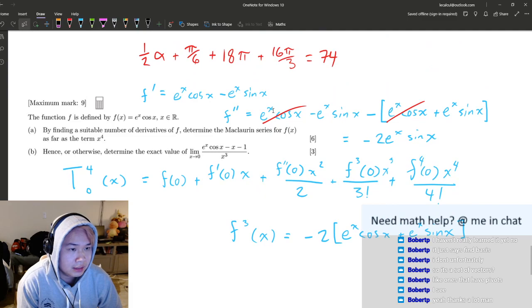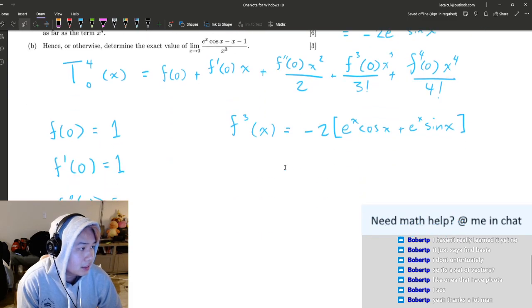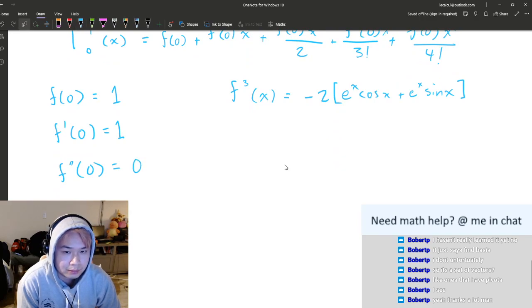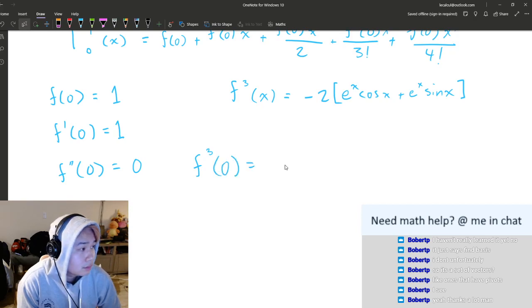The second one is here, so this is just going to become 0. The third one, this is 0, this is 1, and then 1 times -2 is -2.